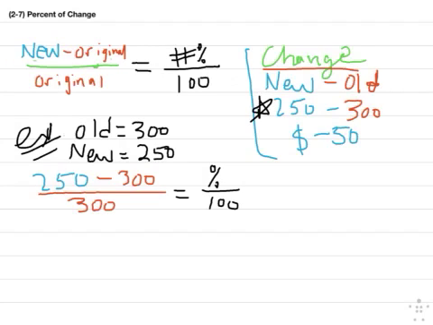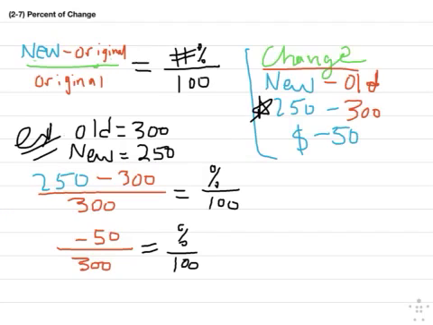All right, and here we can simplify this real quick. We're going to have negative 50 left over. Negative 50, we did that above, over 300, is going to equal some percent out of 100. You guys can kind of see what that is. We could divide by 3 on the top and the bottom if we wanted. But check this out.